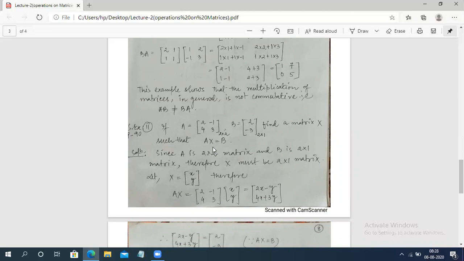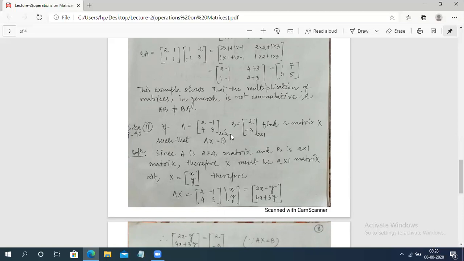Now since A is a matrix of order 2 by 2 and the resultant matrix is of order 2 by 1, it means the matrix X must be of order 2 by 1 because A is multiplied by X. So the order of X will always be 2 by some number, and that number will be 1 only because the resultant matrix is given as of order 2 by 1.